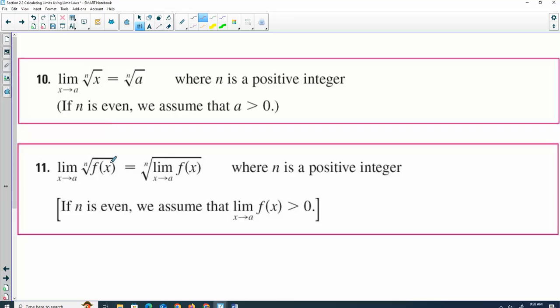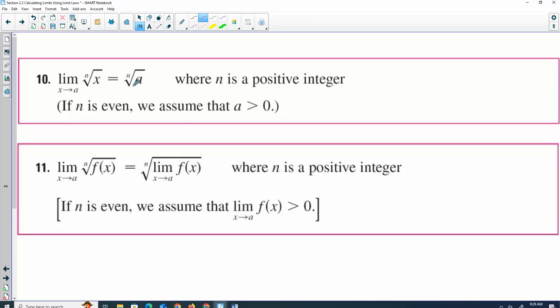And that is true if you have a more complex expression under there. So if I had like x cubed plus 3x squared plus 4, I could do the limit of that inside and then take the radical afterwards. So all of these rules are setting me up to be able to evaluate limits without making these tables.